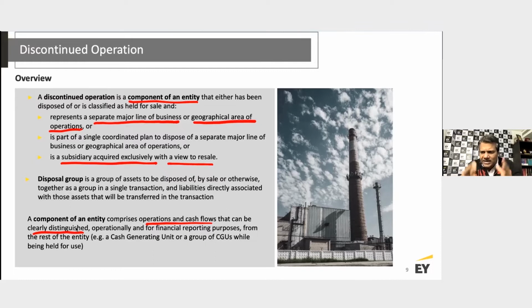So this can easily be carved out and reviewed in terms of performance. It's like a profit center, distinguished operationally and for financial reporting purposes from the rest of the entity, a cash generating unit or a group of CGUs, while being held for use.